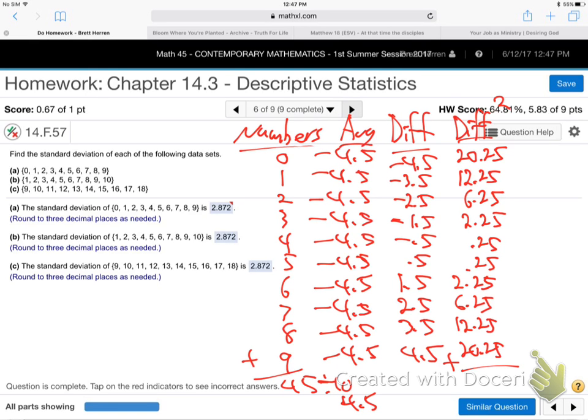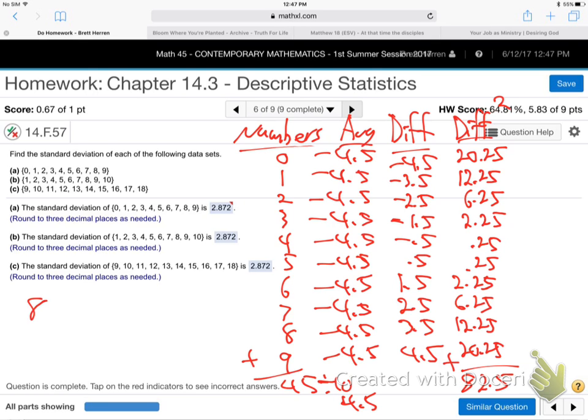Add all those up. That's kind of a pain. The total is 82.5.